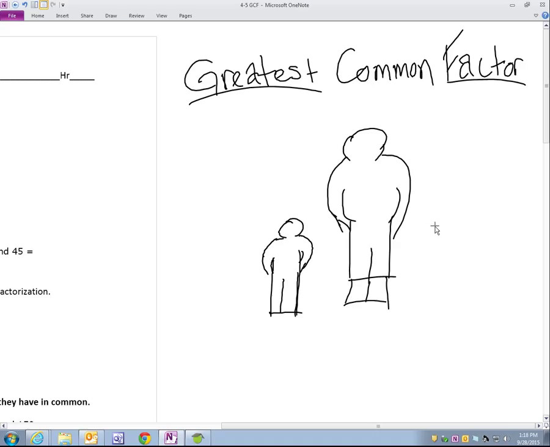So you see how you're having the greatest of small things? This lineman there would be the smallest of the big things, right?